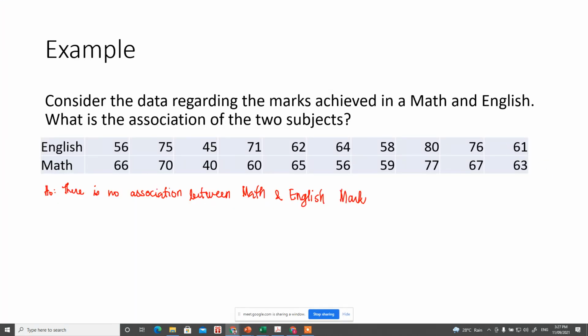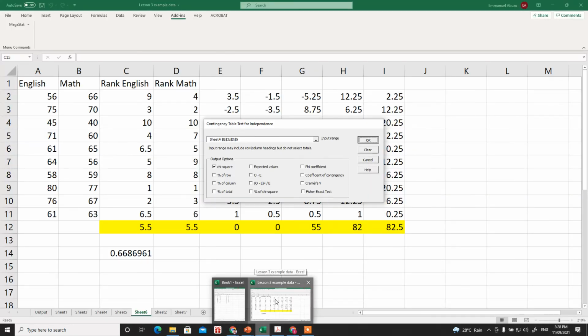In this case, as you can see here, there are no ties. So it is the same null hypothesis, there is no association between math and English. But in this case, we can use the first formula because there are no ties. So let's go to Excel so we can see, and it is also easier to compute.